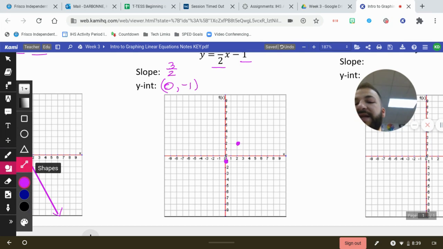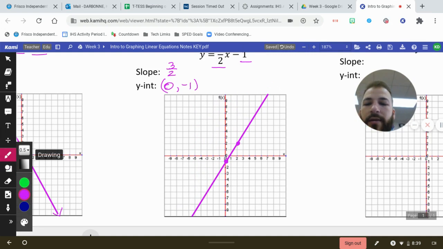And then last but not least, graph my line, and add my arrows onto the end, just like so. Same thing, talking about our key features.